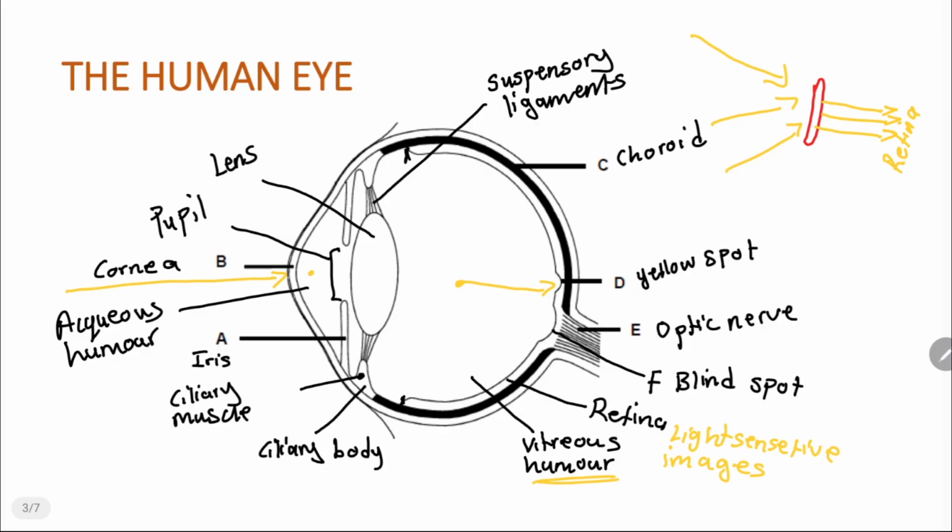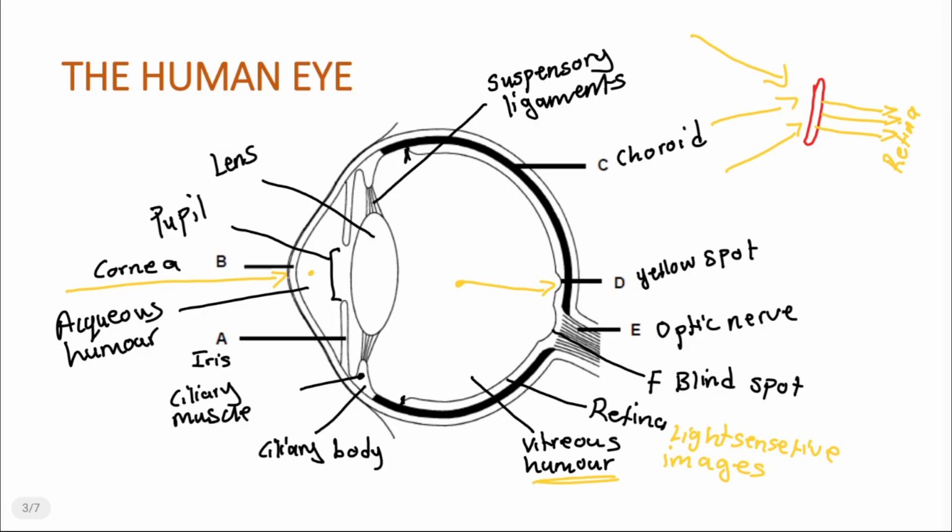Now, the retina is said to have two different types of photoreceptors. Now, what does the word photo mean? The word photo simply means light. And we know that the function of each and every receptor is simply to convert a stimulus into a nerve impulse. And the name that we give to the receptor depends on the name of the stimulus in question.